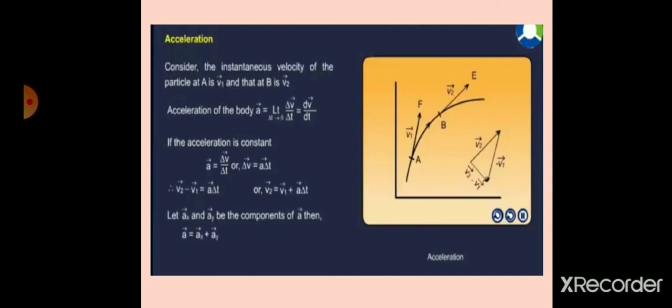If the acceleration is a constant, a is equivalent to delta v by delta t, or delta v is equivalent to a delta t, or delta v can be written as the change in velocity v2 minus v1, which is equivalent to a delta t, or v2 is equivalent to v1 plus a delta t. If ax and ay are the components of acceleration a, then a can again be written as ax plus ay, or d by dt of vx plus d by dt of vy.